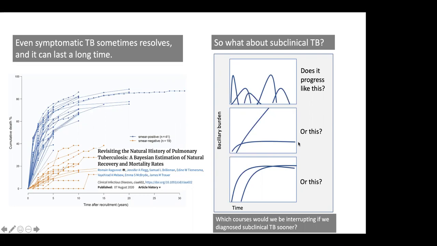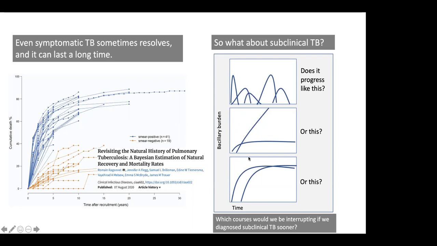Or are there some people who persist with low-level disease while others progress quickly through an infectious state and then progress to symptoms and diagnosis? Or are there some people who have a high bacillary burden, a potentially highly infectious set point, who persist there without symptoms, or without significant enough symptoms to get diagnosed, for a long period of time?